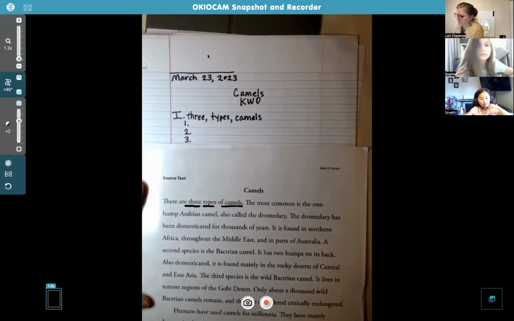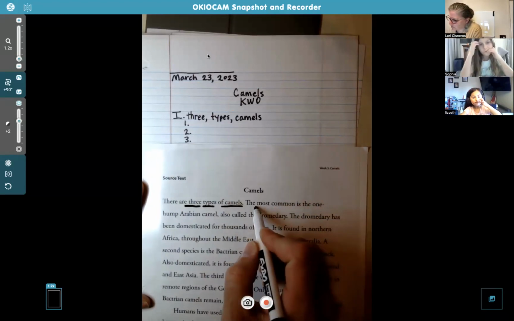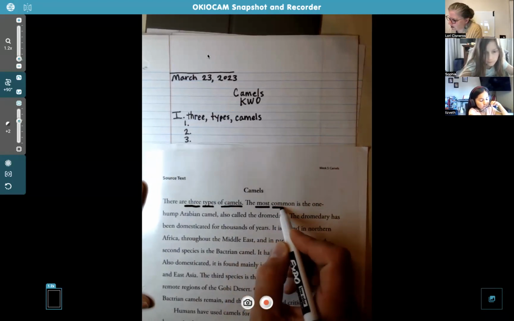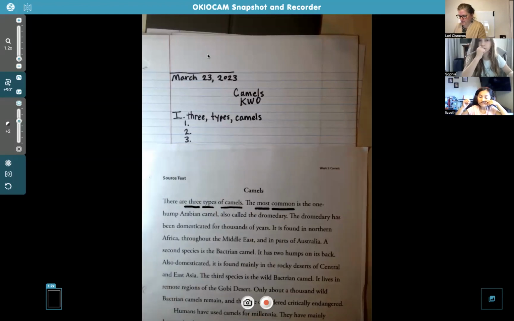Camel. I like where you're going with that. Let's underline most and common. And I wonder if we can do a symbol for camel. What if we did a letter C with a circle around it?